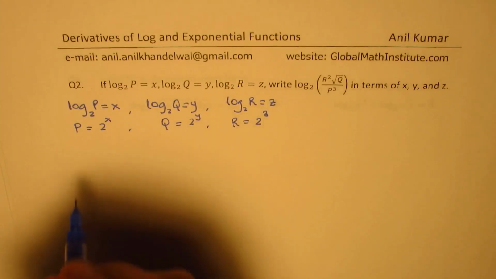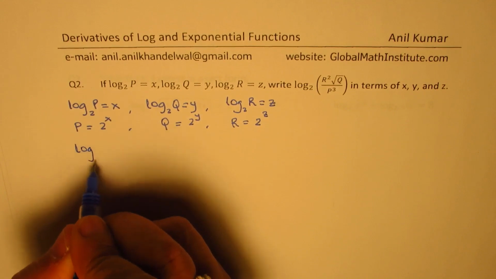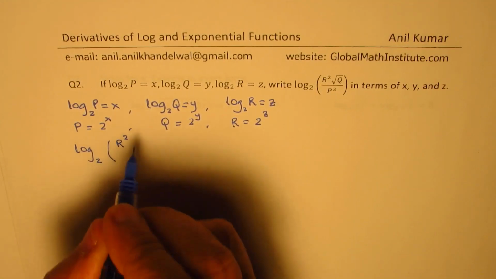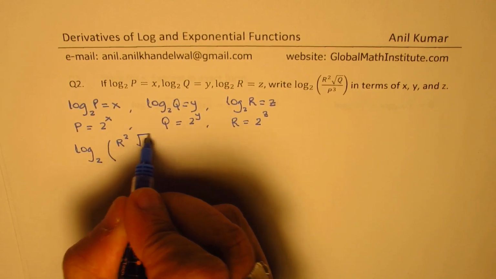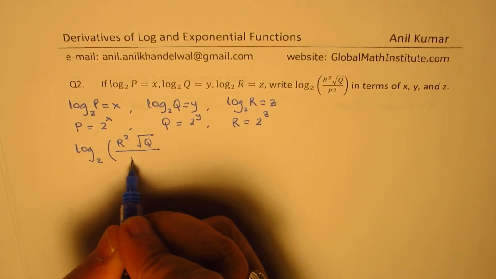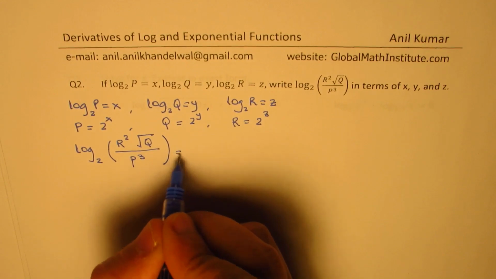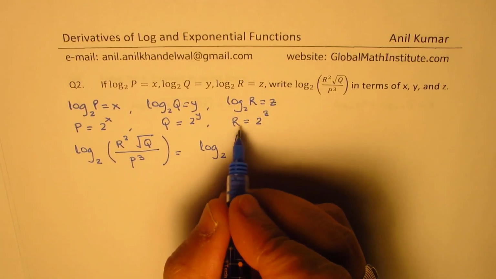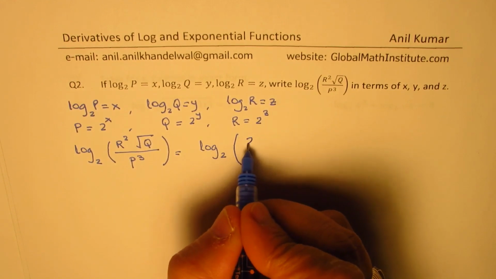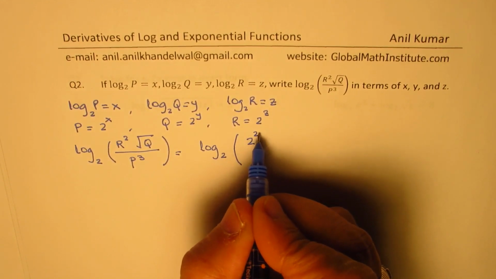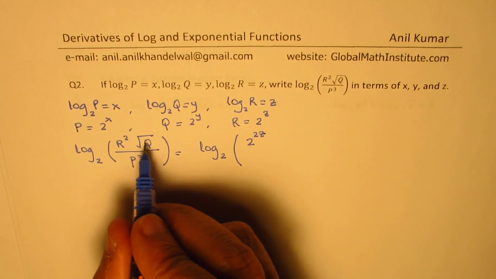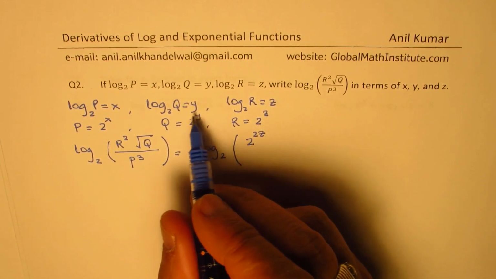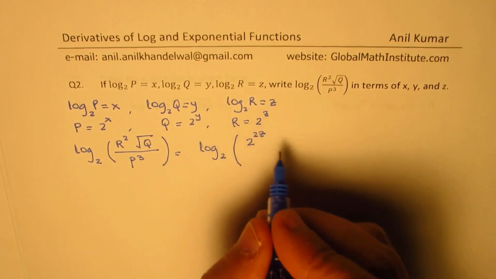Now let's look into the expression, which is log to the base 2 of r squared square root of q over cube of p. Okay, so r squared means 2 to the power of 2z, right? Square root of q means the power becomes half, right?